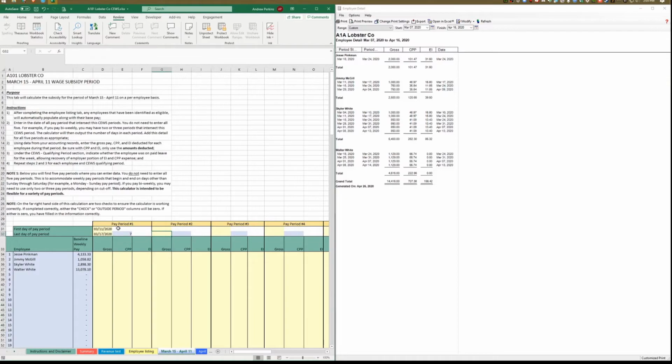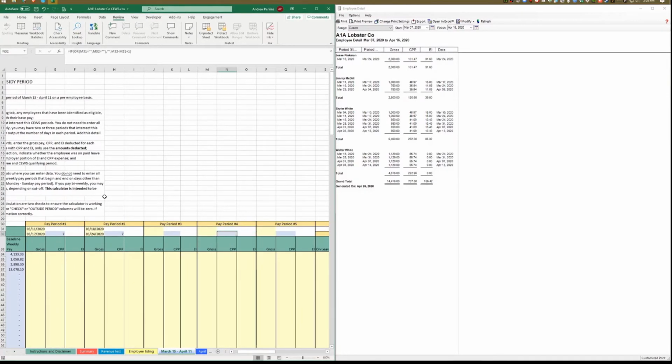You can see it automatically will calculate the days during the period. So we're just going to keep filling out these days to record all of our pay periods, again using the month, day, year formatting to record our days.